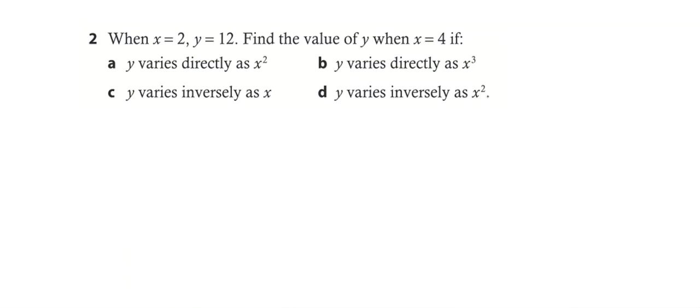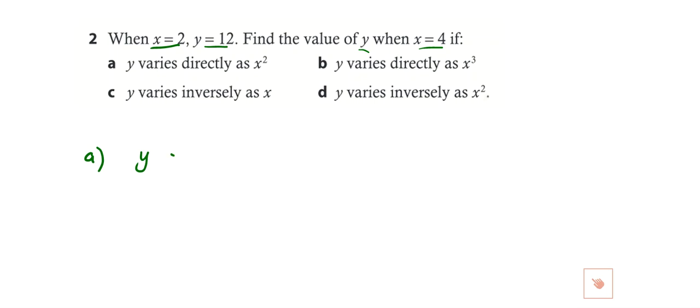Should I just go through the first ones? I'll go through A and C, you can do B and D. All right. So we know when x is 2, y is 12. We want to know what y is when x is 4 if they are related in different ways. So for A, we know y varies directly as x squared.